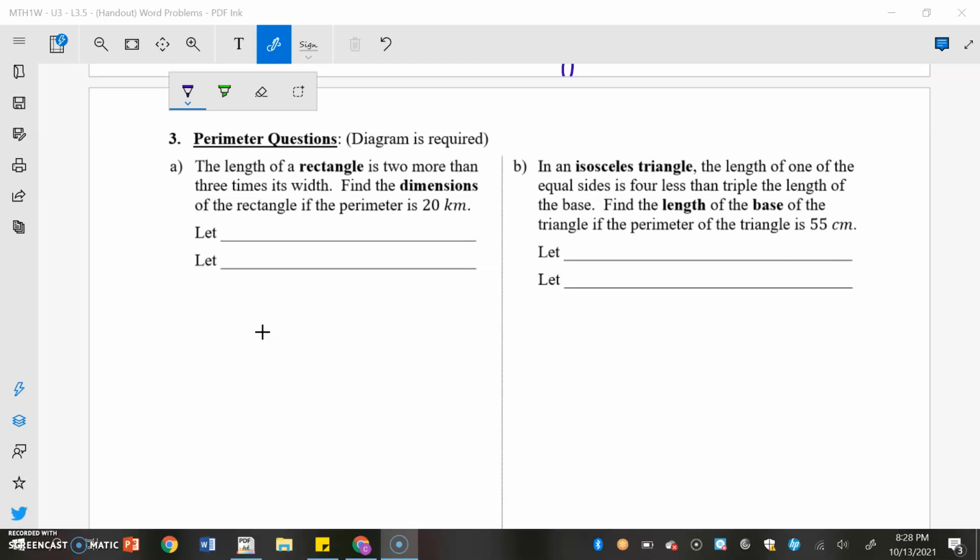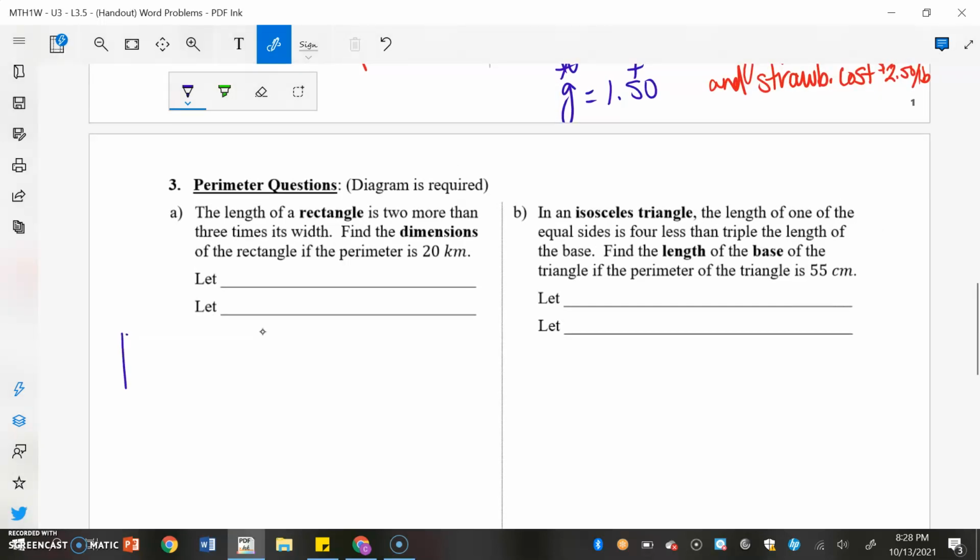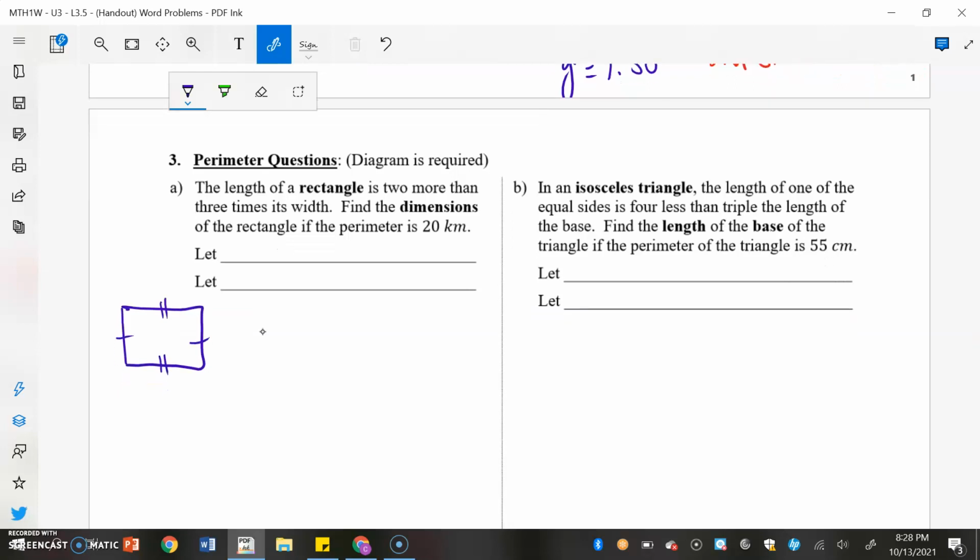So I'm just going to draw a diagram here where I have a rectangle. Rectangles we know have 2 sets of equal sides. So we have our width, which we can say is this side here, and it says that our length is 2 more than 3 times its width, which I can represent as 3w plus 2.